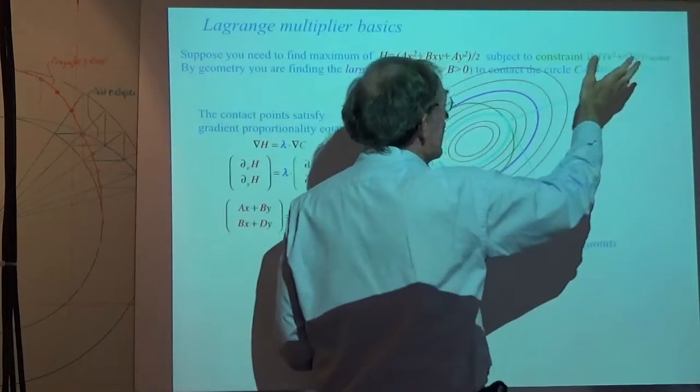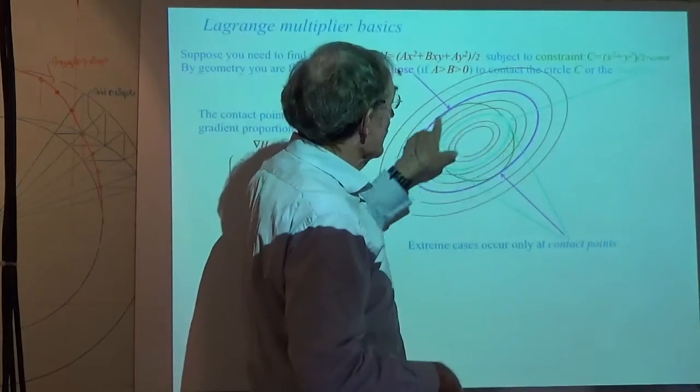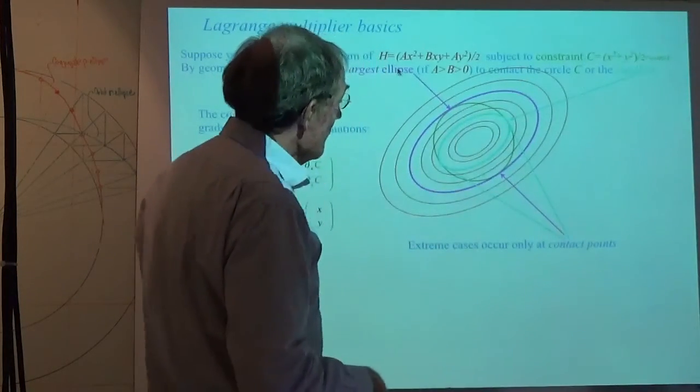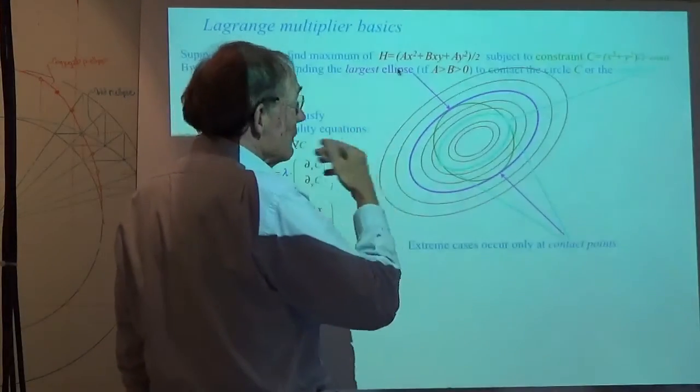Okay, in this case, let's say that the constraint has to be on a circle. Okay, this green circle here. So you demand that thing be constant, then you're looking for the maximum values.